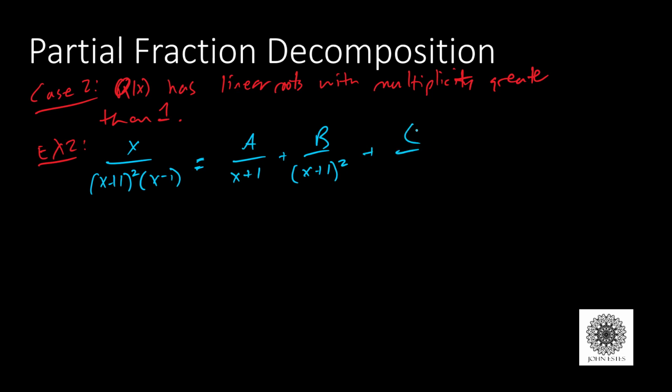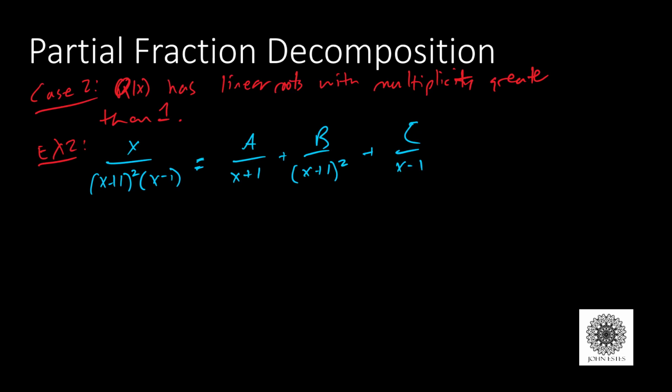And then over here I have c over x minus 1 for my other root. From there, you can use the same techniques. And as a note here, you have to march up your exponents, if that makes sense.